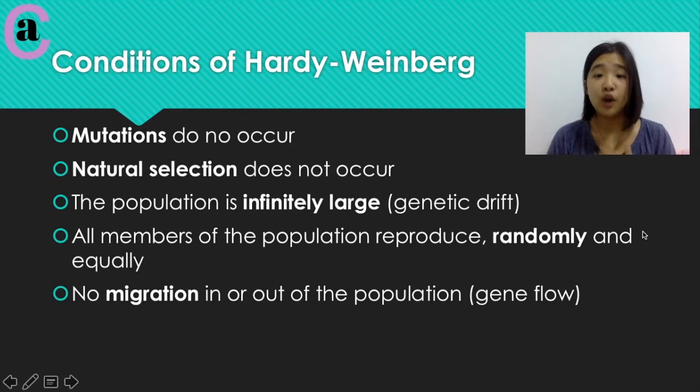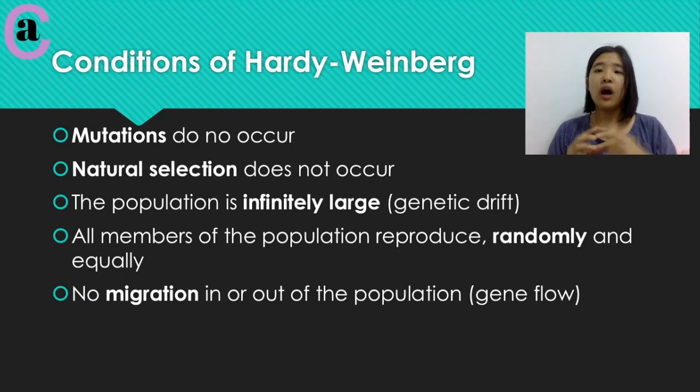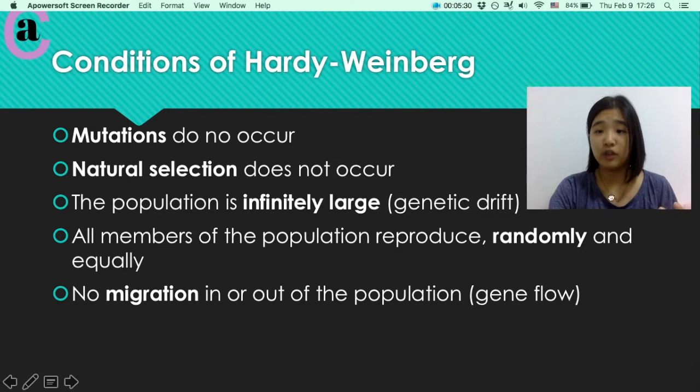There is no migration in or out of the population, so this prevents gene flow. Gene flow is the flow of genes from one population into another, and you want to prevent this from happening, or else you may have evolution.